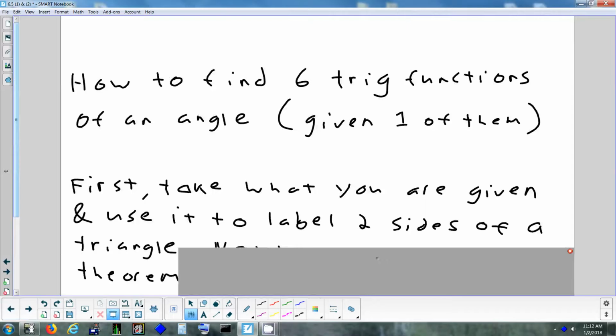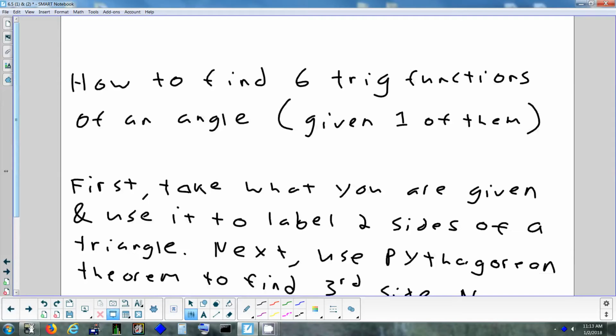Now, in a right triangle, if you know 2 out of 3 of the sides, how can you get the third one? Think about it, Kevin? Pythagorean Theorem. Yeah. Once you know 2 sides, use the Pythagorean Theorem. That gives you the third side. Now you can find anything you want.